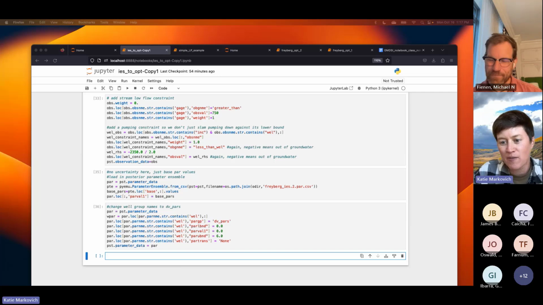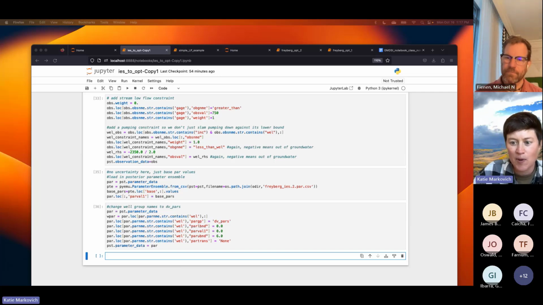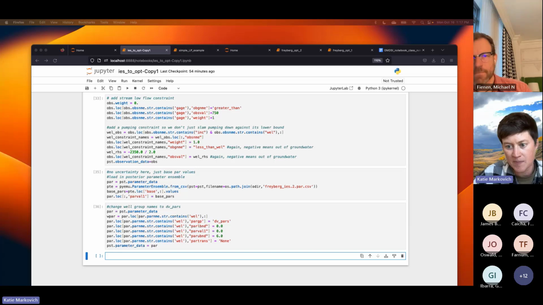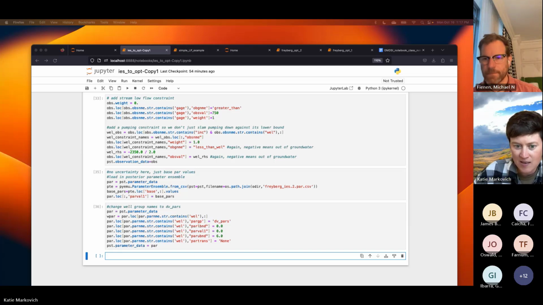Yeah, if par val is equal to 0, it just means that you're starting out where you're saying there's 0 pumping, but that par val is going to assume different values within the optimization, like within the draws, right? So it'll be greater than that. Is that right, Mike?